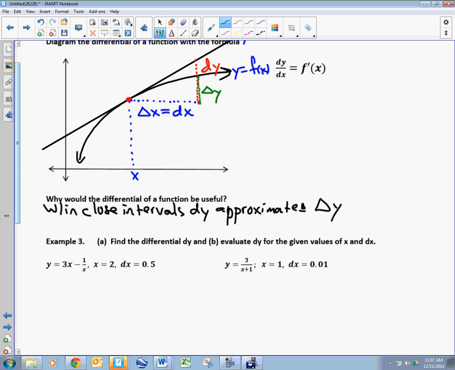Do you all agree with that? Yeah, I mean they're close within a given interval.